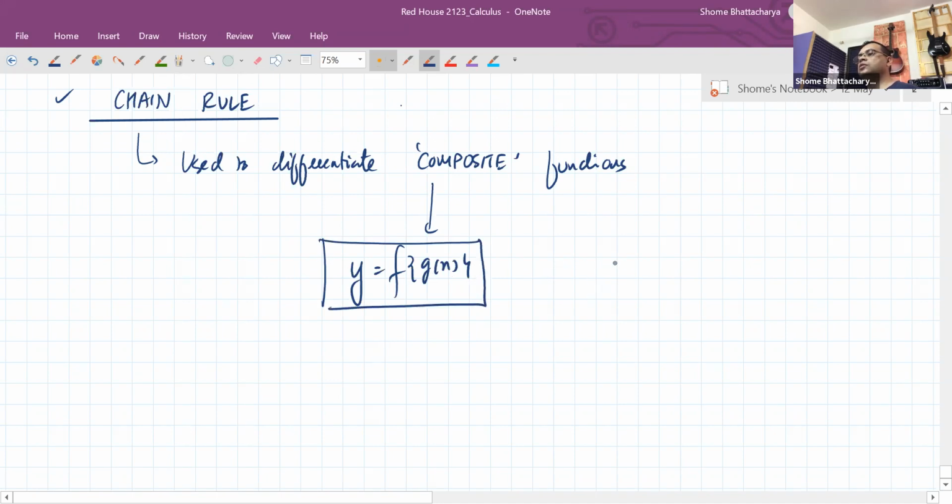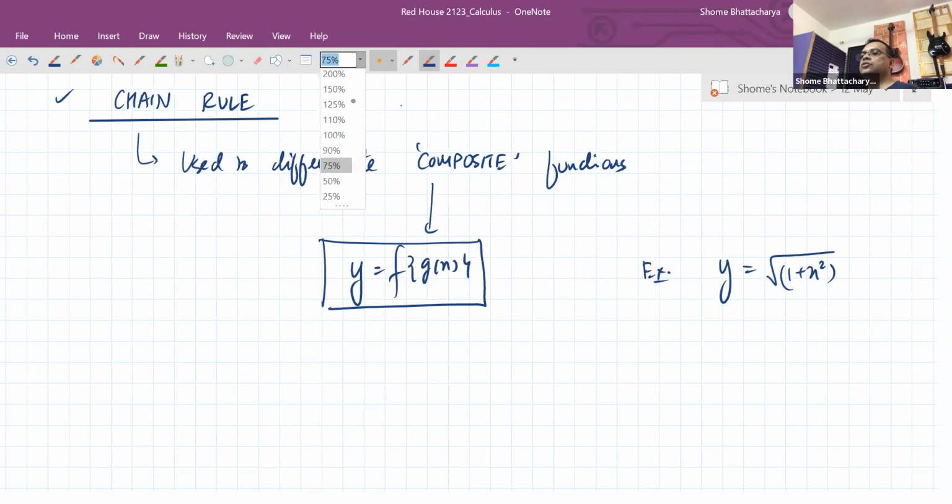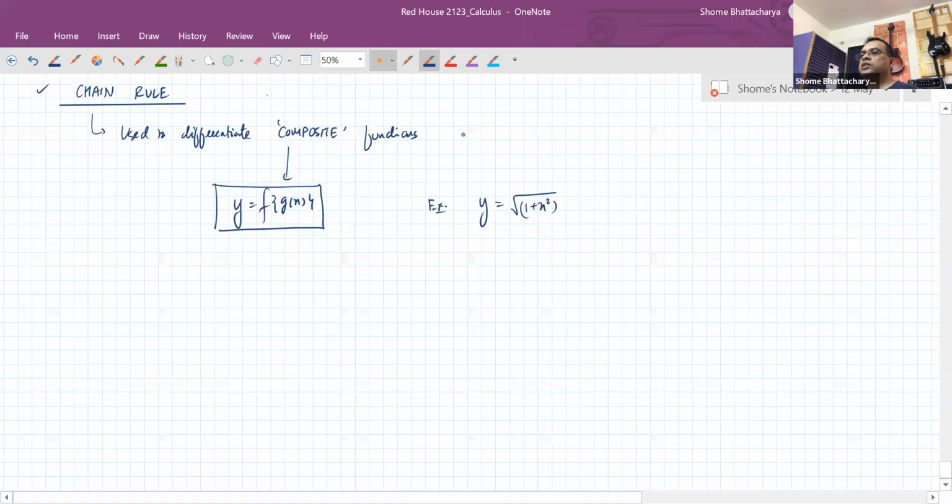An example of this would be y is equal to, let us say, square root of 1 plus x square. To describe this function, we have used two operators. One is the quadratic operator 1 plus x square, and the other is the square root function.